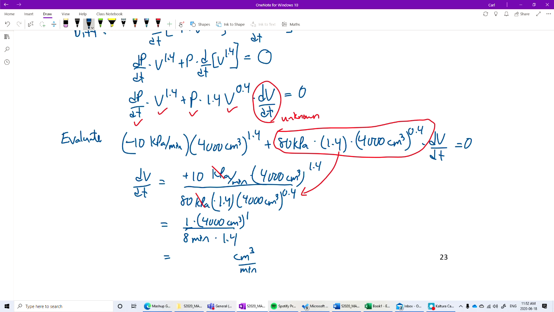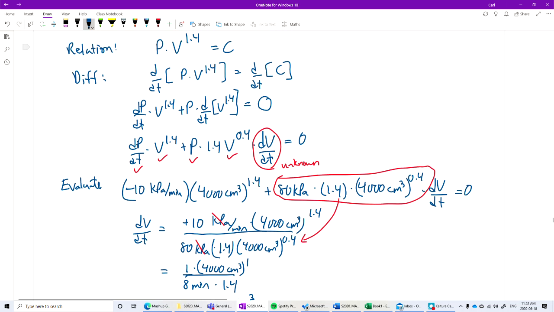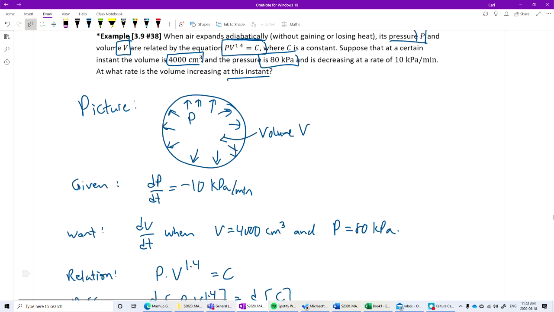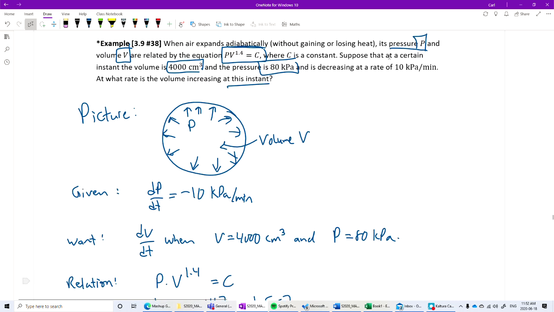4,000 divided by 8 times 1.4. 357.1, and it goes on and on. There are no definite rules for rounding in this context, but these numbers all have one significant figure.